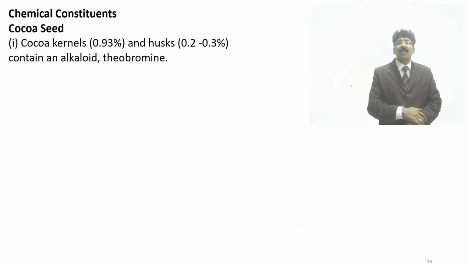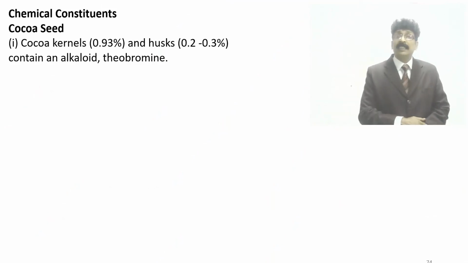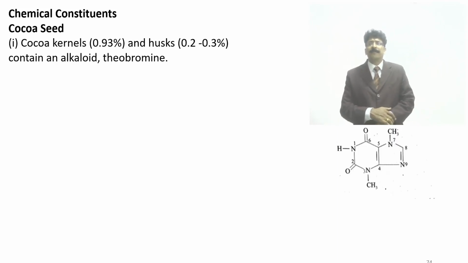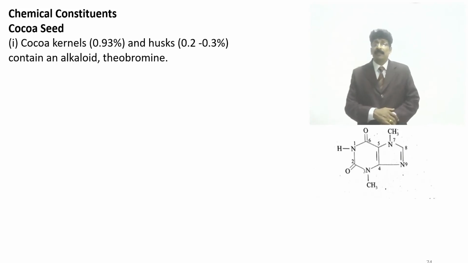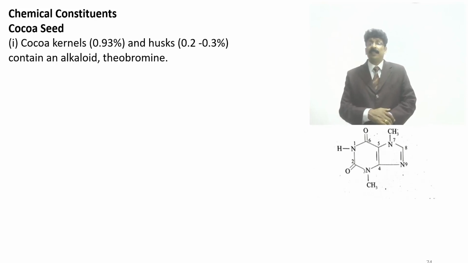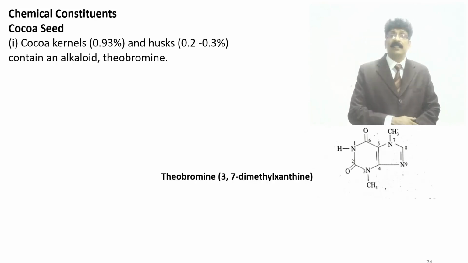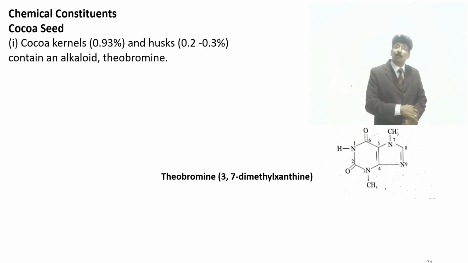Chemical constituents: cocoa seeds, cocoa kernels of 0.93% and husk 0.2 to 0.3% contain an alkaloid, theobromine. This is the structure of theobromine, the basic structure of xanthine with 3,7-dimethyl xanthine is theobromine.